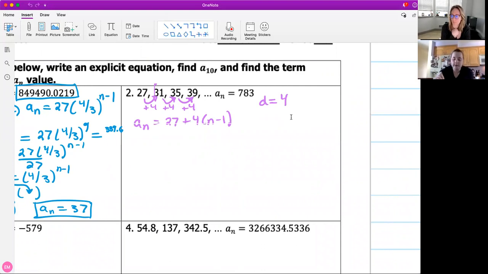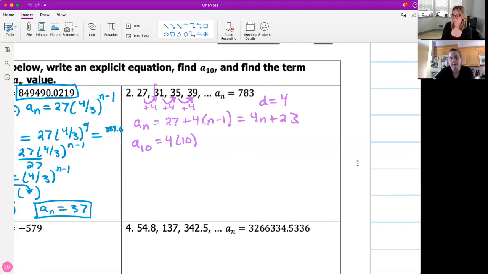And then we're asked to find a10 again for this one. So a10 is equal to 4 times 10. Oops, sorry. I simplified my equation and forgot to show you guys that. So we're just going to simplify this really quick. This simplifies down to 4n plus 23, and that makes it just a little bit easier to work with.